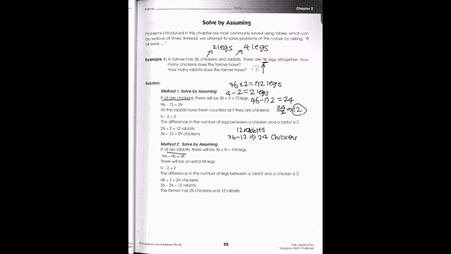Another way is to think that all are rabbits and do the same type of calculations. We get the same answer, it's just that we start with the rabbits first.